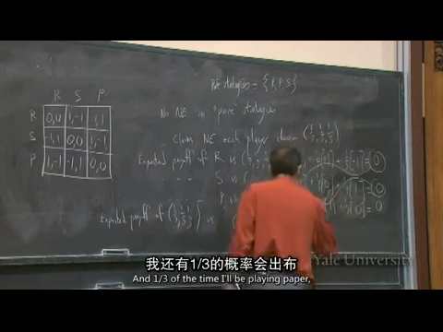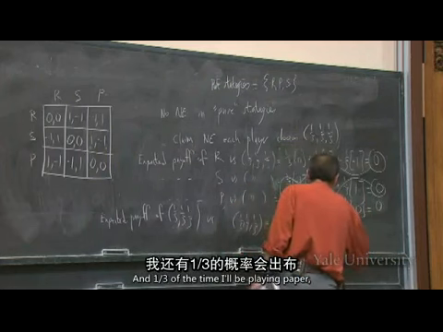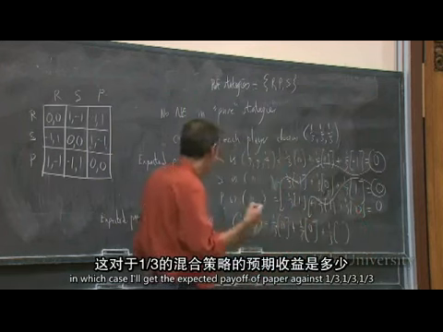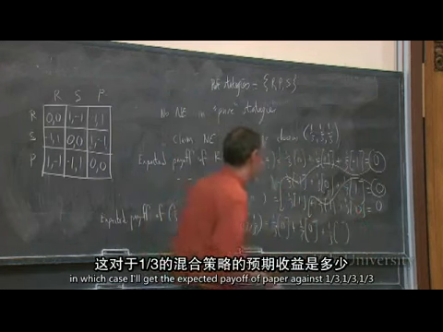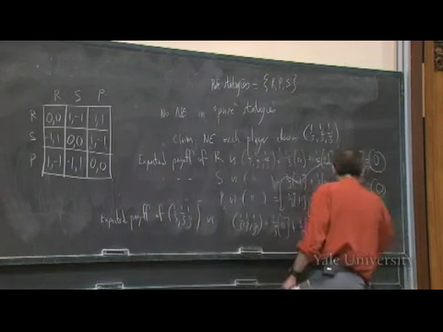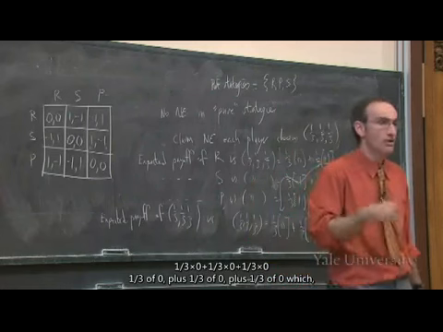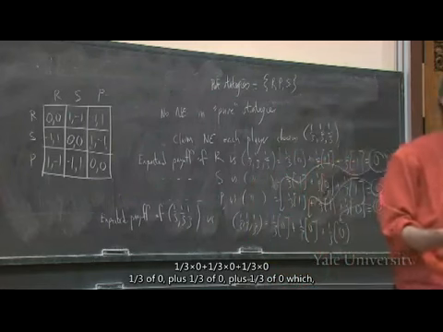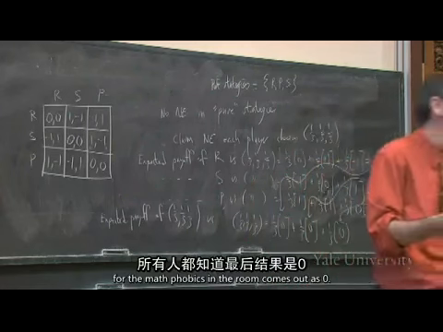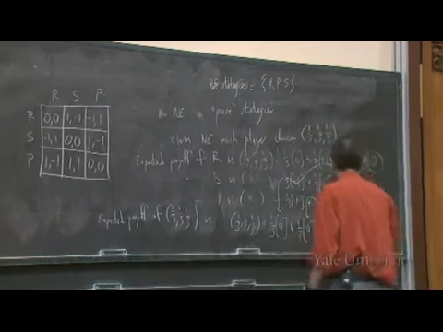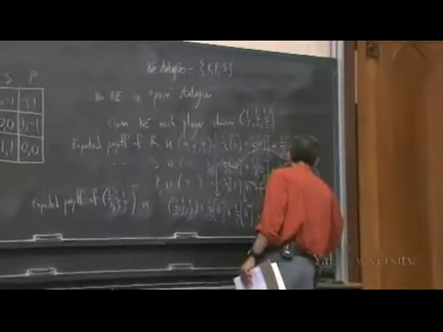And a third of the time, I'll be playing paper, in which case I'll get the expected payoff of paper against a third, a third, a third, which once again was 0. So my total expected payoff is a third of 0 plus a third of 0 plus a third of 0, which for the mathphobics in the room comes out as 0.